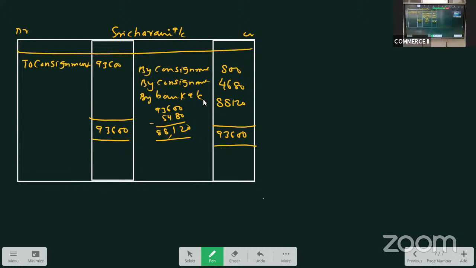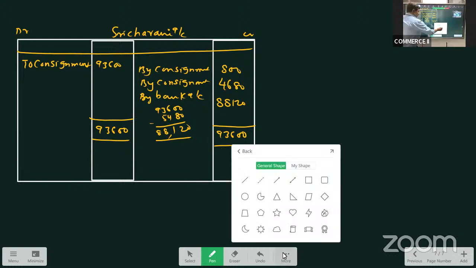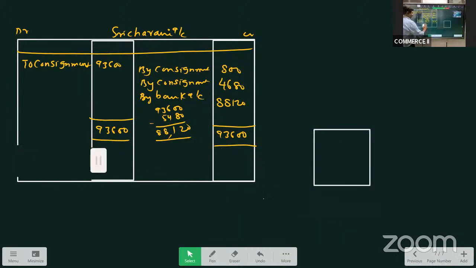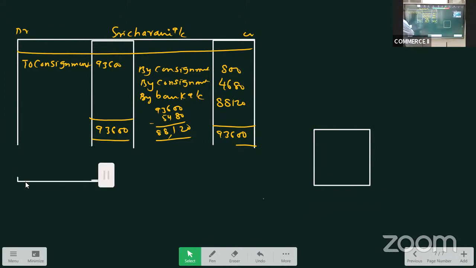Okay. Then, what is the last ledger we have to prepare? We have to prepare goods sent on consignment account. That I'll take here only.